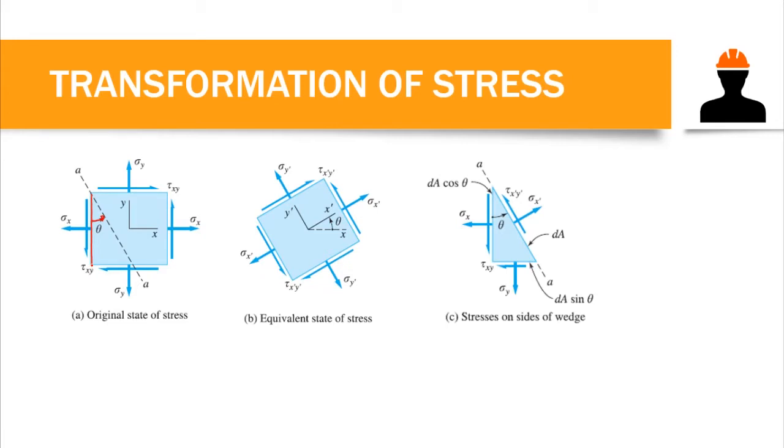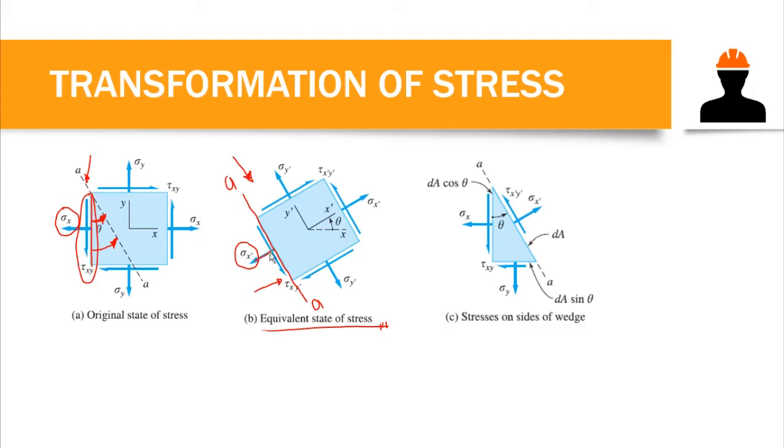So we rotate the stress element, and we know that this rotation is counterclockwise, so we would have the stress element here, which is the equivalent state of stress, and this one here is section AA. As you can see here, this normal stress has been transformed to this one. There's a transformation of our normal stress, and as well as our shear stress here, there is a transformation, and it became this one.